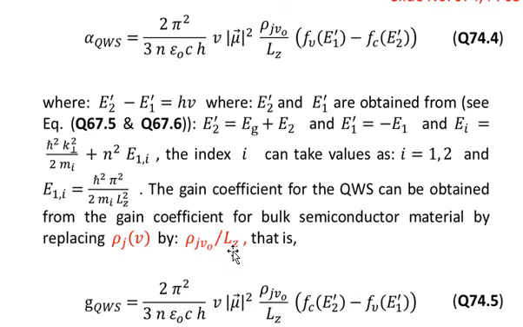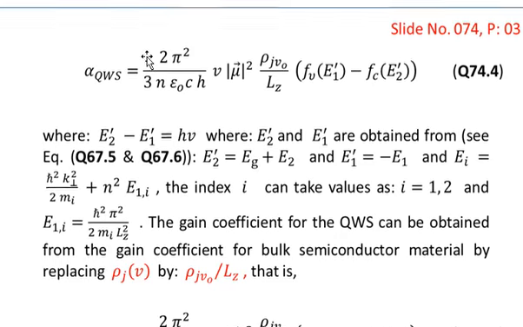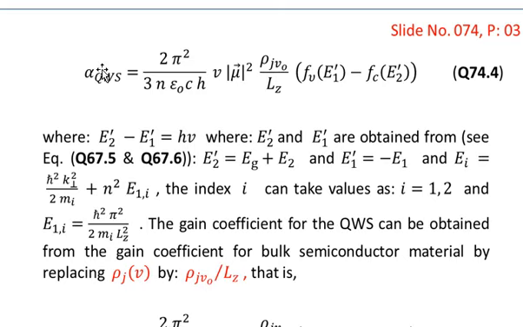You know that Lz is the width of the quantum well, both in the valence band and in the conduction band. So G for the quantum well semiconductor, that is the gain coefficient for the quantum well semiconductor, is given by minus alpha QWS.